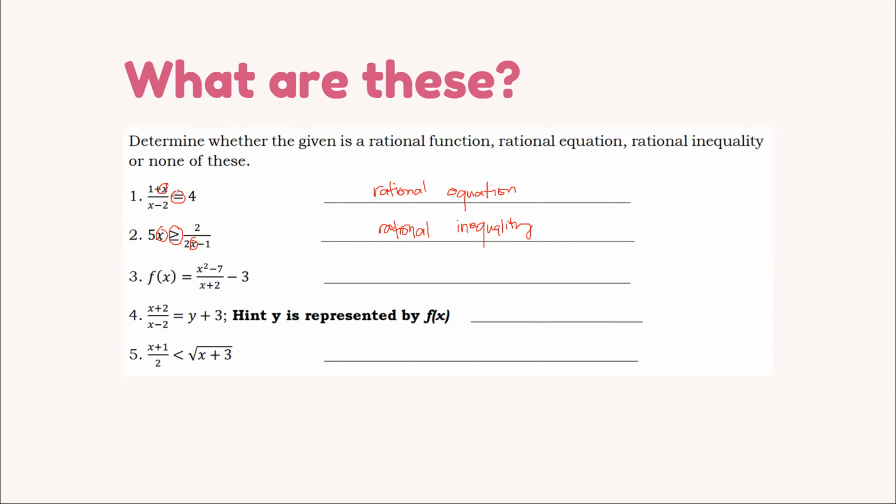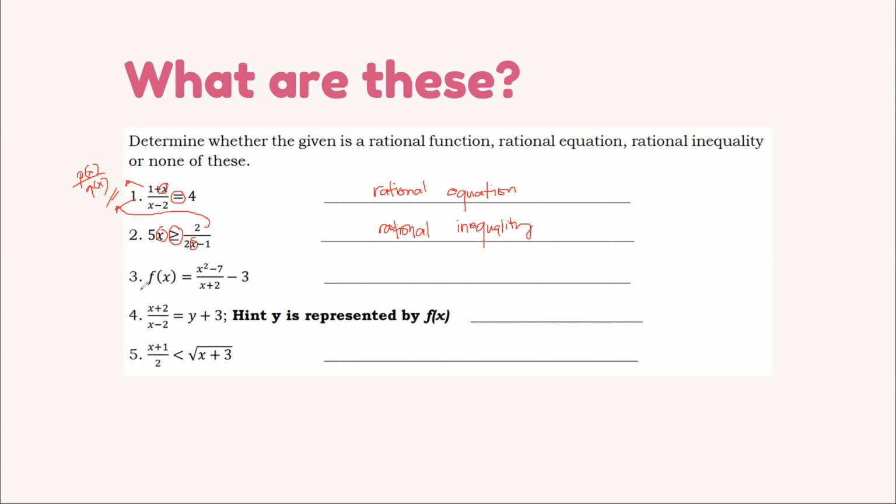Remember that an equation or inequality is called rational if one of the sides is expressed as a rational expression, or follows the form P of x over Q of x. In number 1, one term follows this format, and in the second one, we also have a side that follows this format. So both of them fall under the rational umbrella.